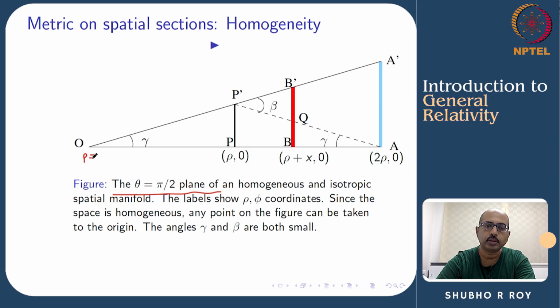And as you know, the phi coordinate is not well defined at rho equals 0, so we will not specify phi. Other points like P, I have chosen such that the x-axis is here, or this is the phi equal to 0 direction, and then as you move up, phi increases.